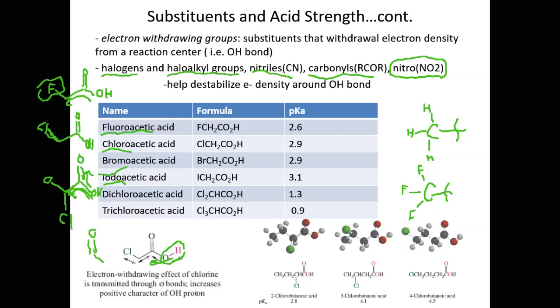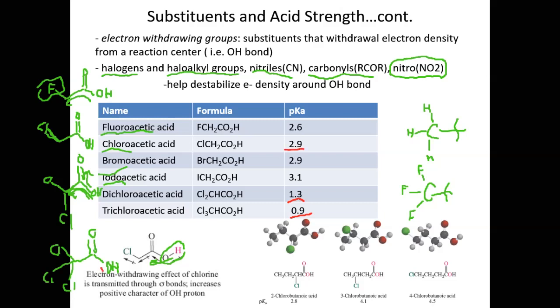Again, you have resonance on top of this, removing electron density. 1, 2, 3. And so now you have 3 electron withdrawing groups. Trichloroacetic acid is 0.9, compared to 1.3 with dichloroacetic acid, and chloroacetic acid was 2.9.